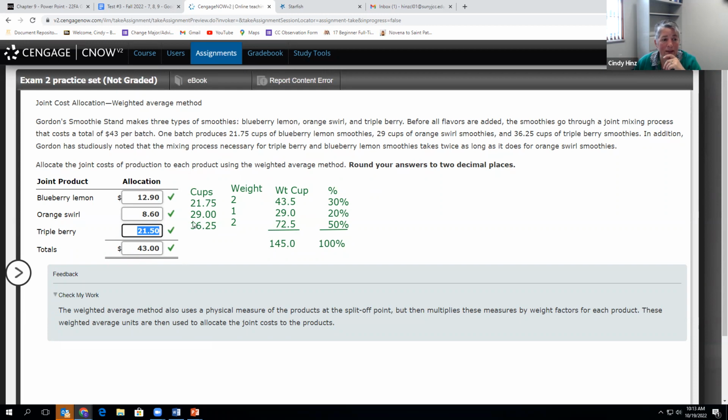It does yield the highest number of cups too, but it's not that much higher than orange swirl, and the costs are significantly higher. So we might want to have different prices for each one of our smoothies. That would be kind of a logistical nightmare if you're working for this company at the front counter, the smoothie stand.